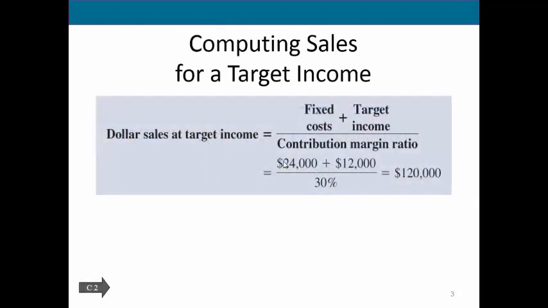So one thing we can do with a CVP analysis is, rather than simply calculating the break-even point, we can make a small adjustment to our break-even formula to allow us to calculate how many units or what our sales dollars have to be to make a particular profit. So if you'll remember, the break-even formula is simply a formula that we derive from our profit calculation.